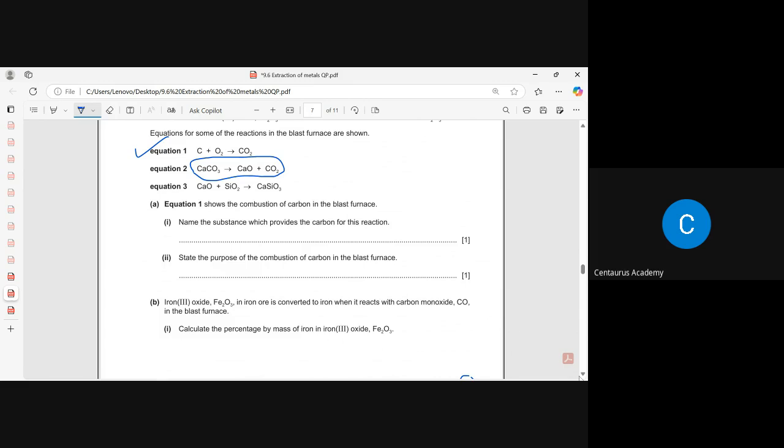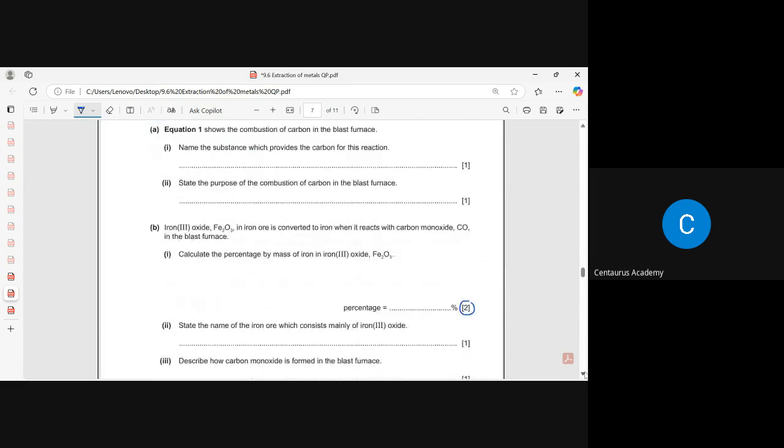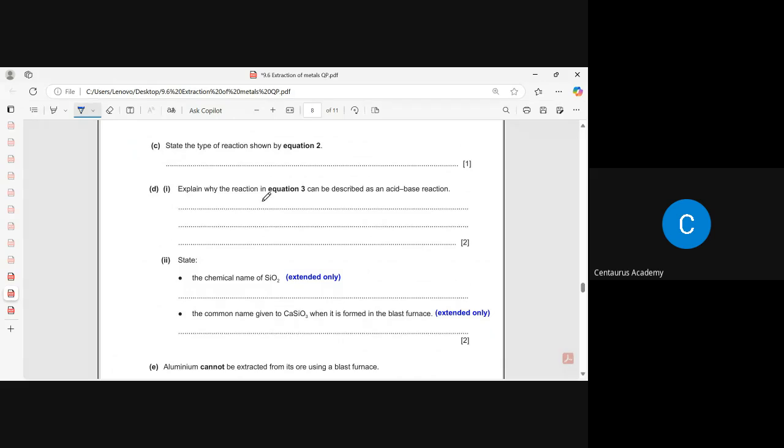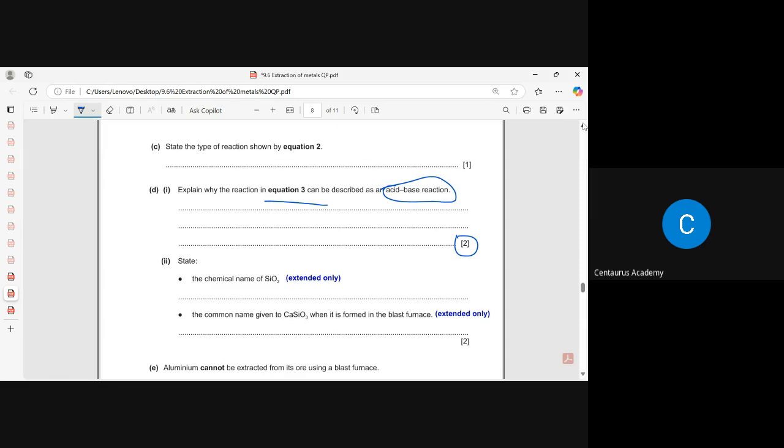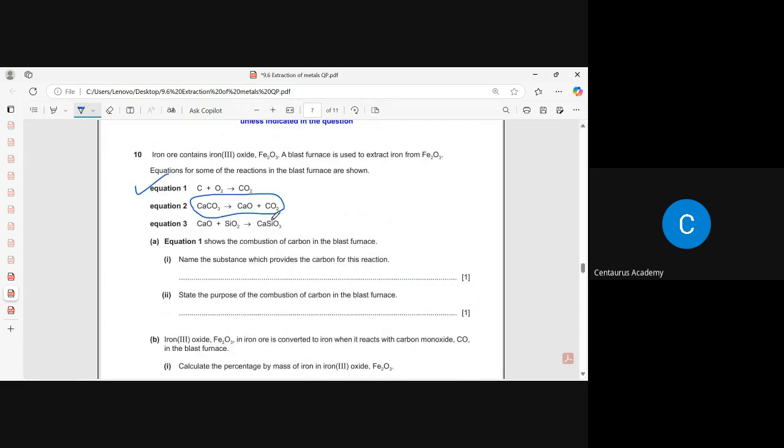Next, we are moving on to explain why the reaction in equation 3 can be described as an acid-base reaction. This is for 2 marks. Can someone suggest why? We haven't studied the topic yet.